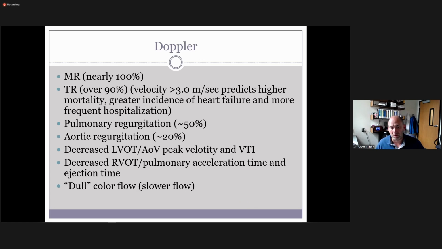For example, if they thought that they had blood clots in the heart, they need to give us a reason why they thought there were blood clots, like they have AFib. That's a good reason. If they have a low ejection fraction, that's a good reason. If they had a history of TIAs, that's a good reason. But doing it just because is not a good enough reason, and it might actually get rejected.